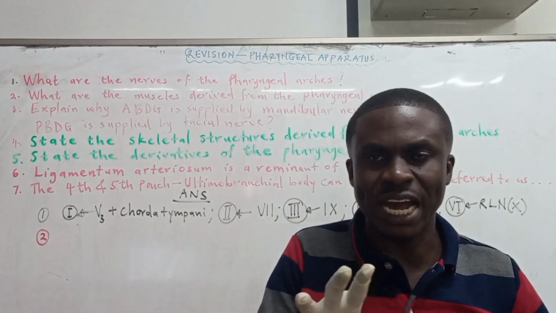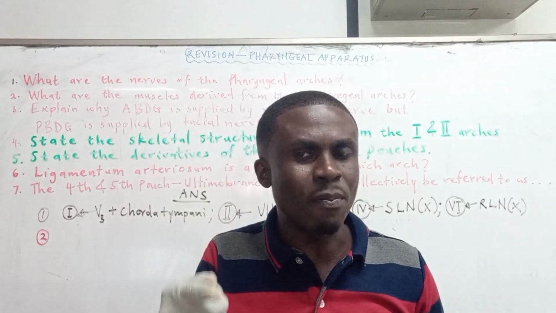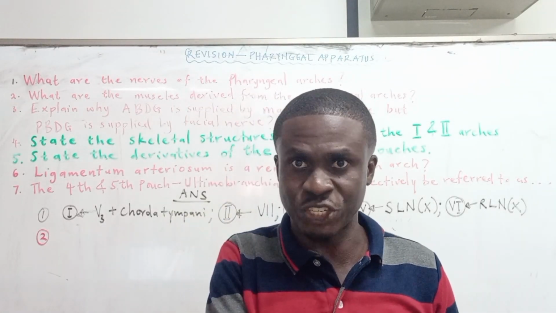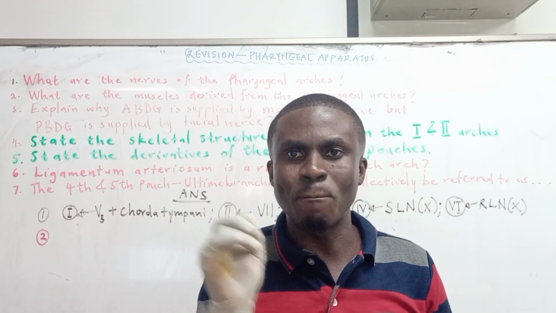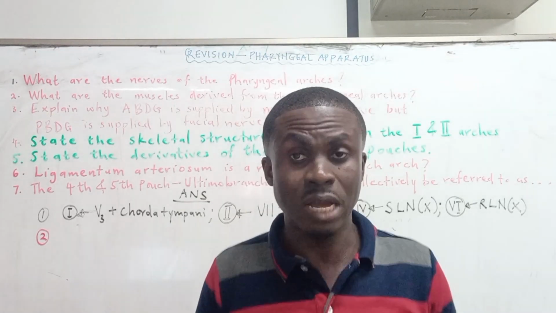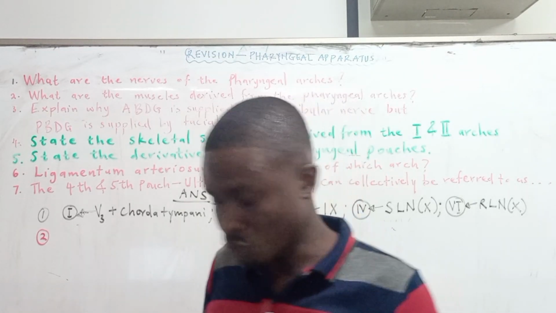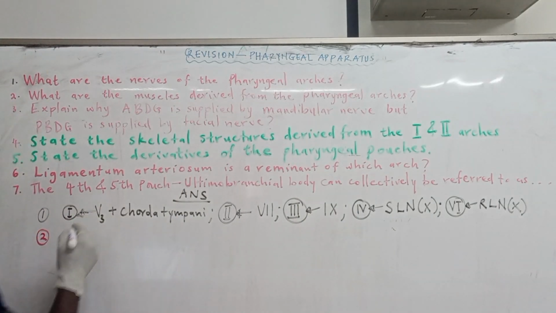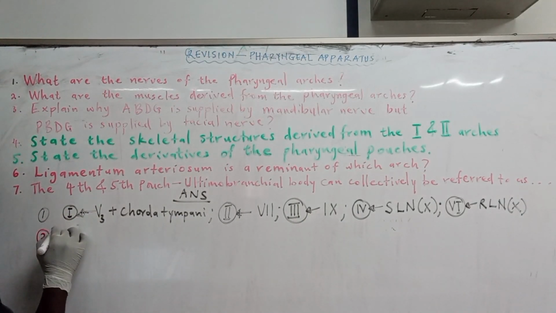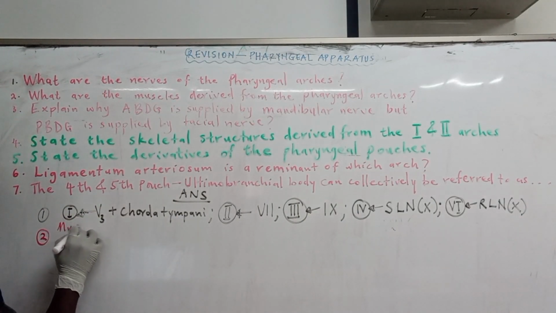My friends, last week I told you to think about muscles of mastication. And what are these muscles of mastication? So the first thing, what muscles are derived from the first pharyngeal arch? We write muscles of mastication.